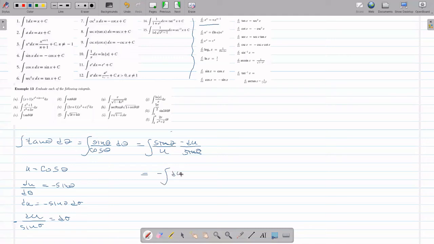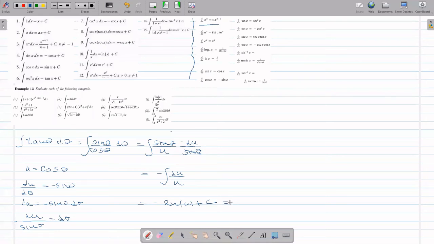I have du over u. Now again, integration of du over u is ln u, no? So it's minus ln u plus c. So here also this got cancelled out, no?